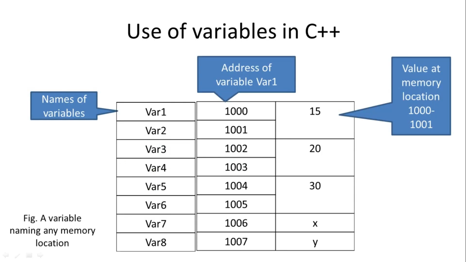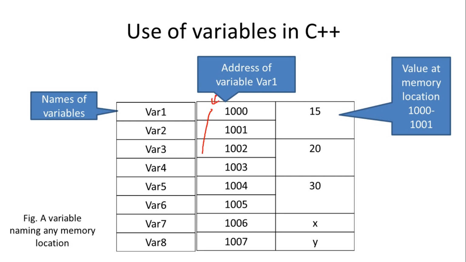Next, this is the diagram which shows how variables are used for naming the memory location. See here, whenever we use any variables in a program, they are stored in memory locations. Memory locations are contiguous memory locations. That means addresses are given to each memory location.